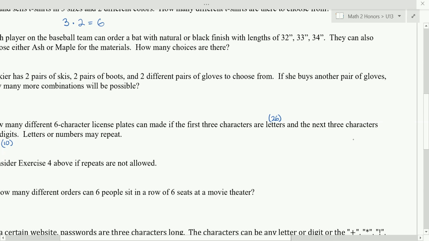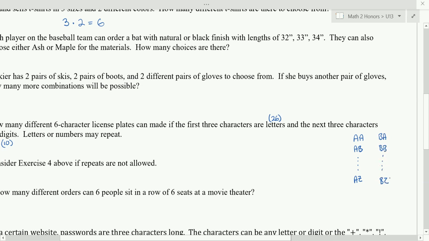But look at this. If I just have 2 letters, I can have AA, AB, all the way down to AZ. How many are there? 26, so you know it's more than 18. Then I could also do BA, BB, all the way down to BZ.